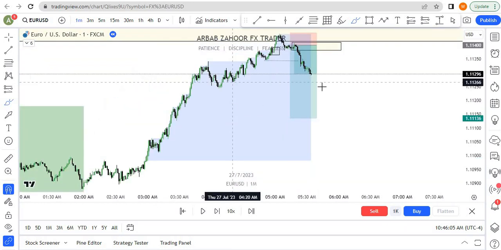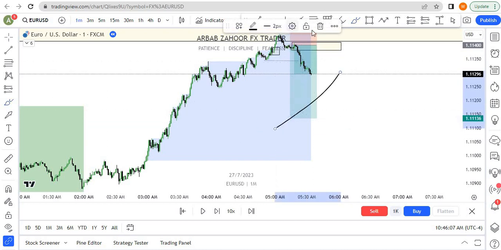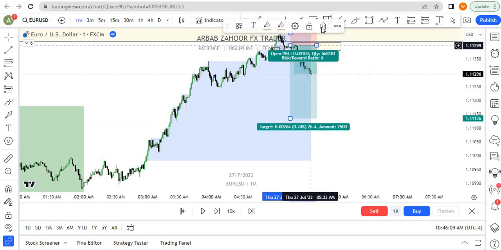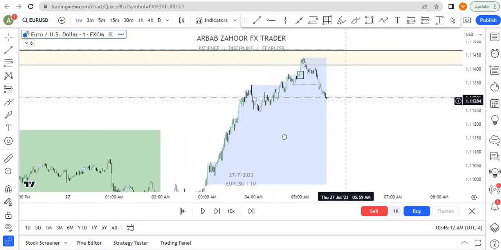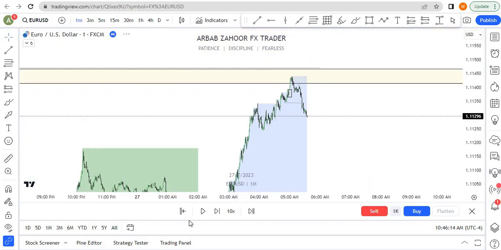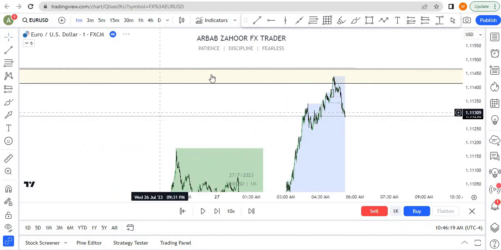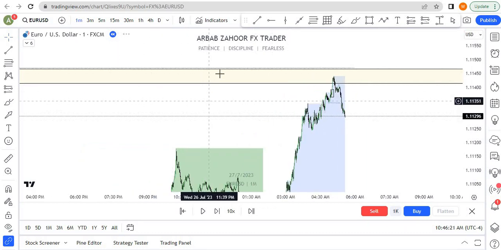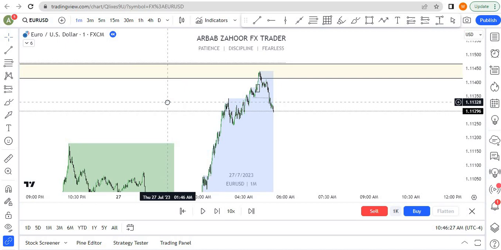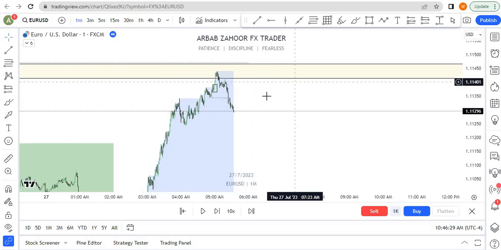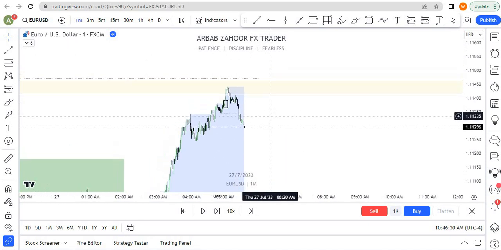Okay, so now I will show you the real entry which I took from the top. Because at that time when my price was here, the liquidity was not taken. Once the liquidity is taken, I am very confident that if price gives me any indication here, I will put a sell limit, even if my stop loss is 10 pips, no problem.